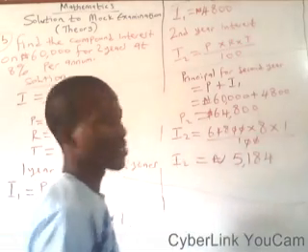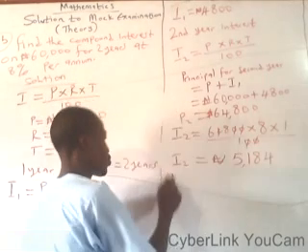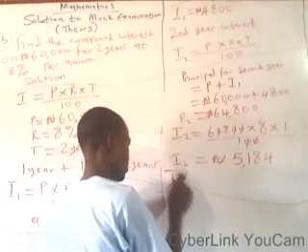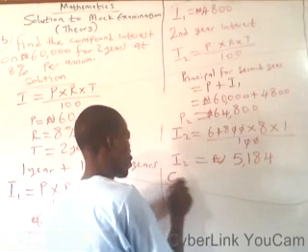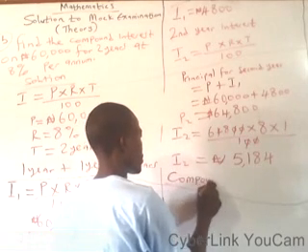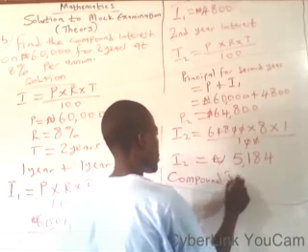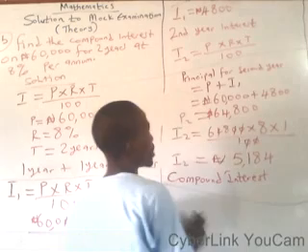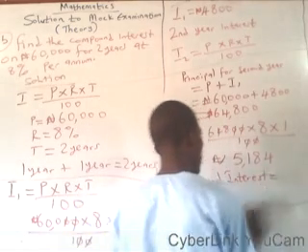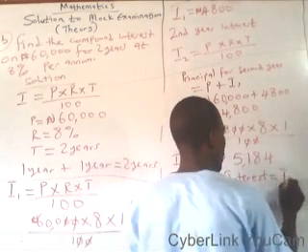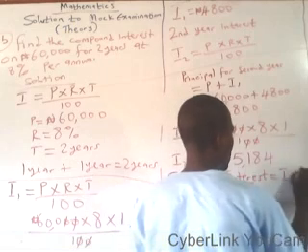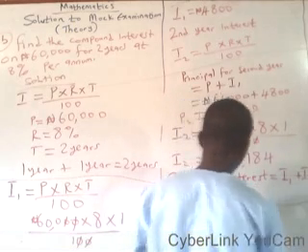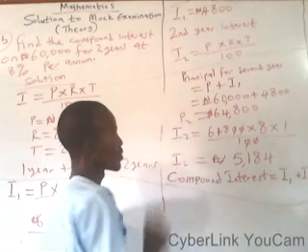Our compound interest will now equal the interest of the first year plus the interest of the second year. What is the interest of the first year?